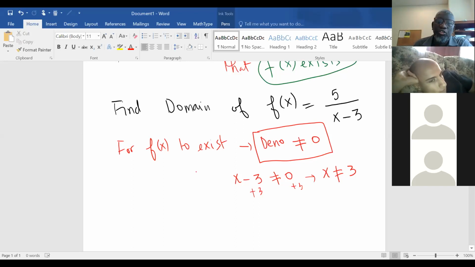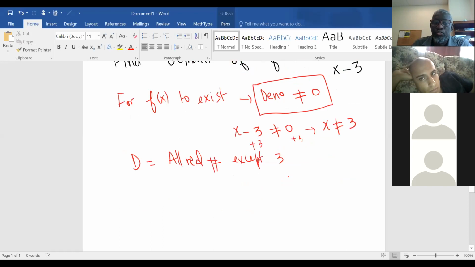You see, so the domain here is all real numbers except 3, or you can write x not equal to 3, right?